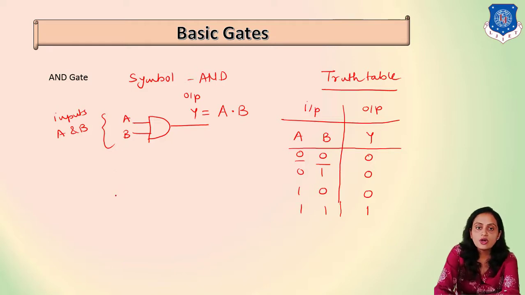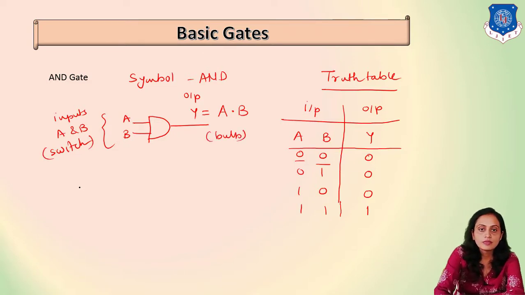Now we will draw an AND gate using bulb and switch. Let us take the inputs as described with the switch and outputs as described with the bulb. Then for the AND operation to take place, I am going to draw the electronic circuit using bulb and switch.